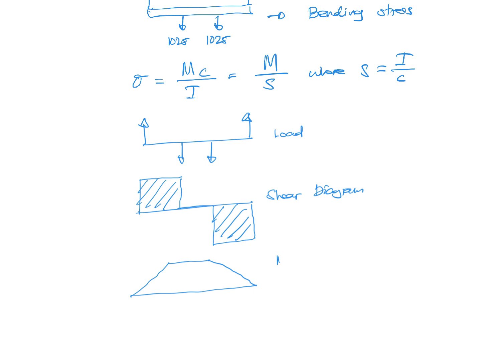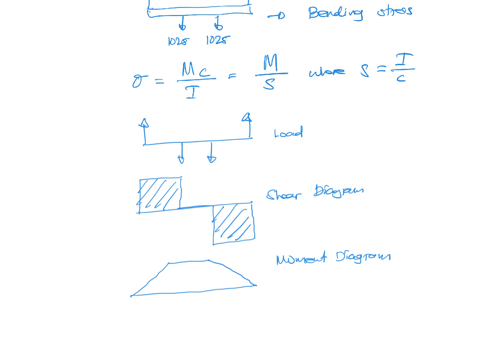And this is the moment diagram. This means that there's a lot of things that you need to review in your statics class, especially this shear moment diagram. If you have forgotten this, try to brush up on how to create a shear moment diagram.